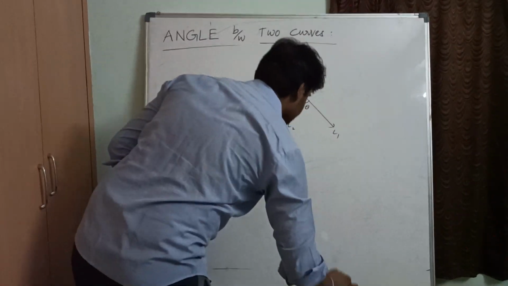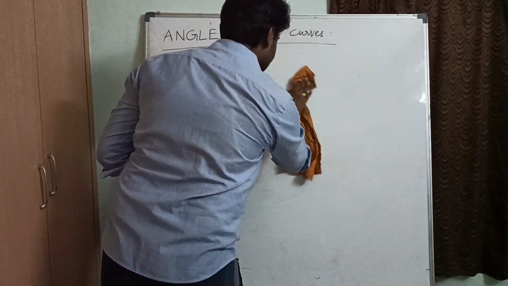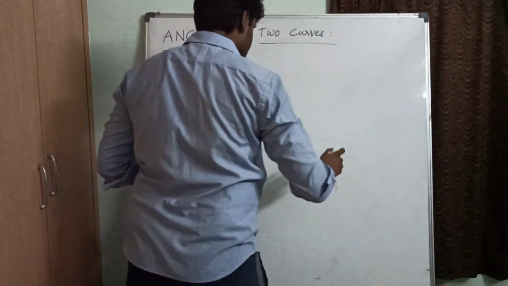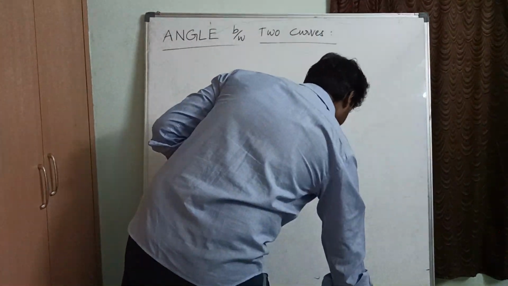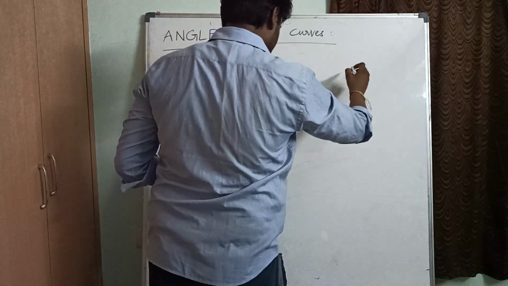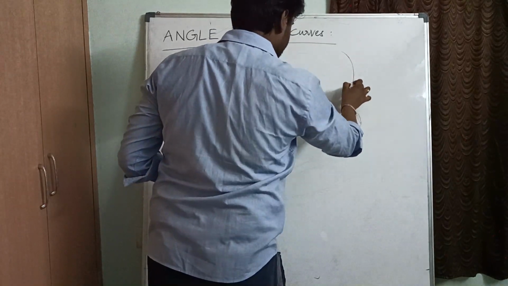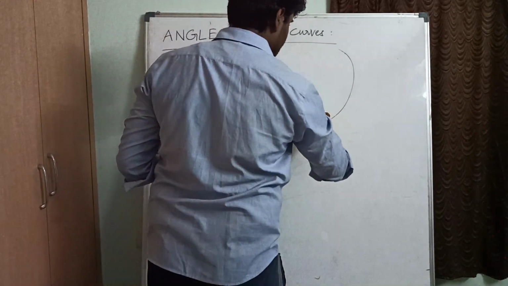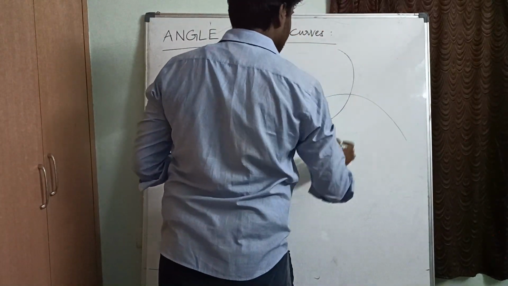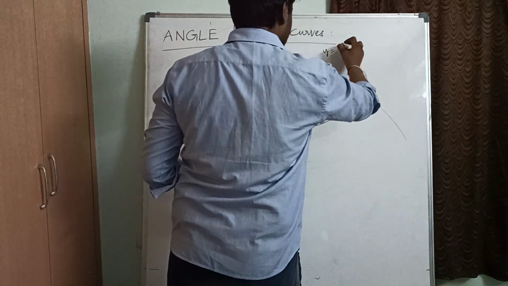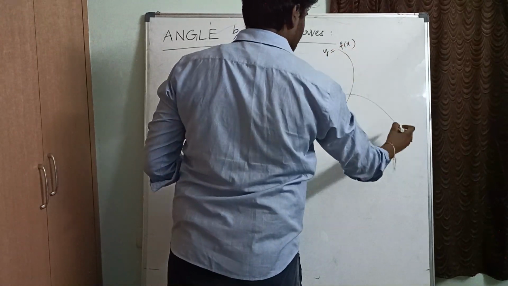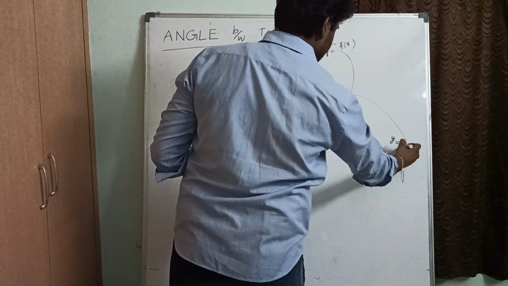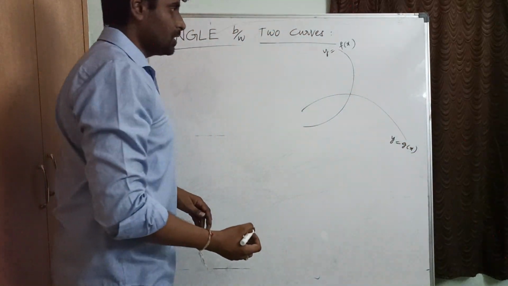Now let us see the diagram. Let us take one curve, and this is another curve. Let me take this as y equal to f of x, and this is y equal to g of x. So two curves are there.